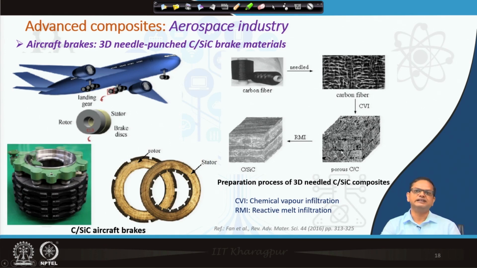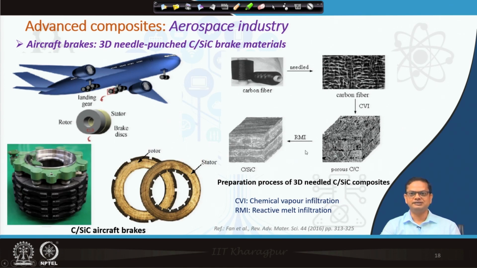You can think about directly depositing carbon, or you can think about pyrolyzing, and then basically you can infiltrate with, let us say, polyacrylonitrile or polyvinyl chloride or rayon or any other resin, which will act as the precursor material with long polymer chains, and then that could be pyrolyzed to convert it into carbon. But anyway, ultimately you get a porous carbon composite material here, and then RMI means what?